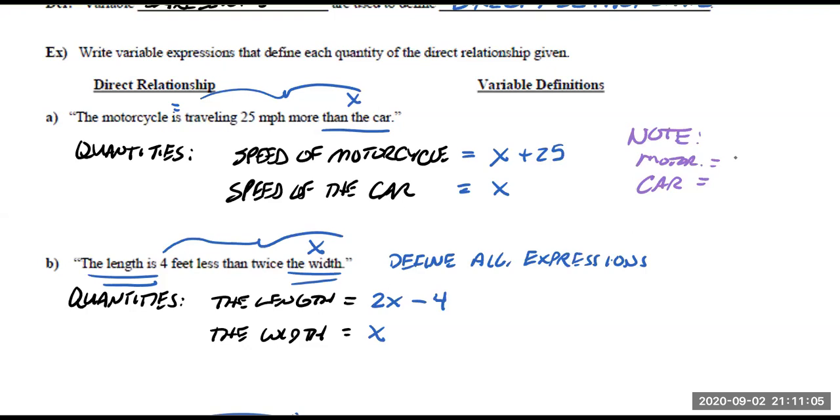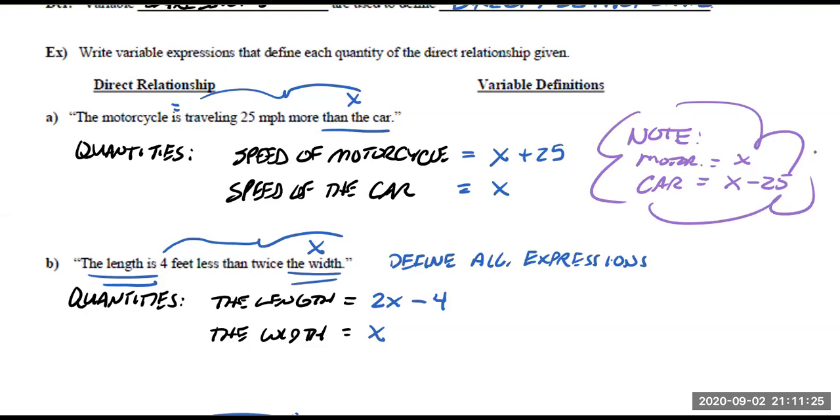So if X was the motorcycle speed, then the car would be 25 miles per hour less than that, or X minus 25. As long as I understand what the relationship is between the two, I can use different algebraic expressions as long as the relationship is correct.